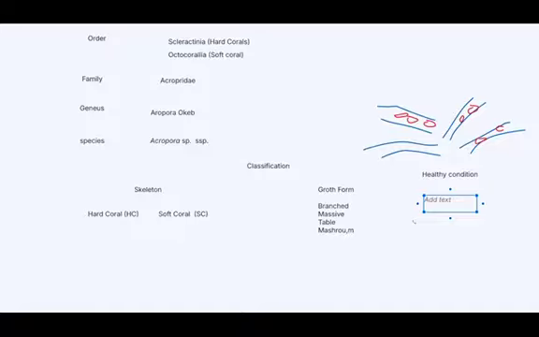So under this, the healthy condition, we have live coral, dead coral, we have bleached. Okay, this is very important. We have partially bleached. Okay, we can have so many classifications under here. We have recently dead. Okay, we have all dead.